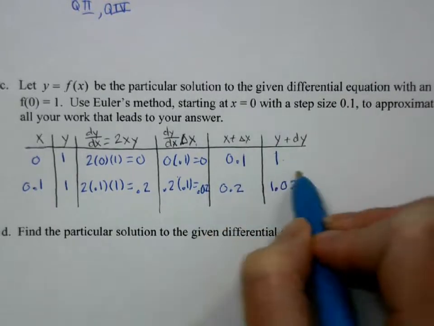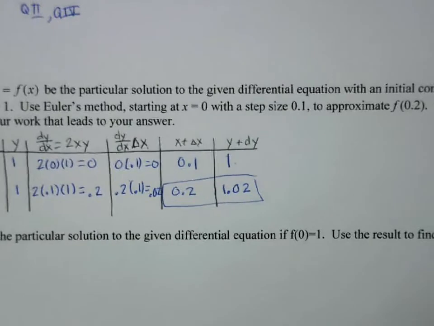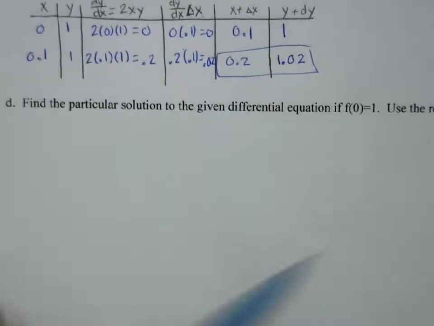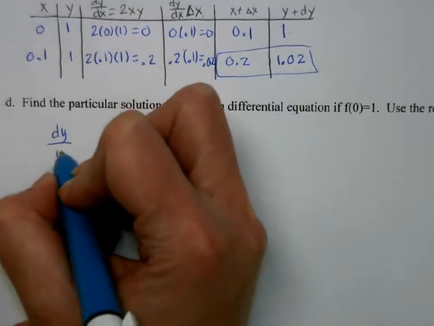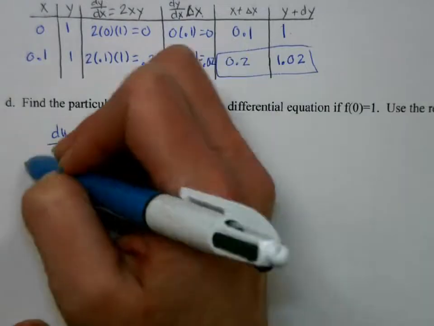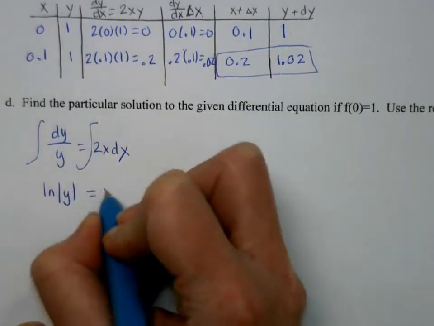Okay, now we're going to find the particular solution and compare it to the actual f of 0.2. Okay, so for our particular solution, we're going to separate our variables, then integrate. So y is ce to the x squared.